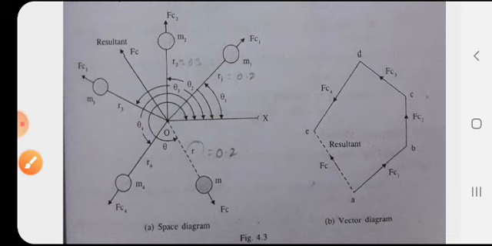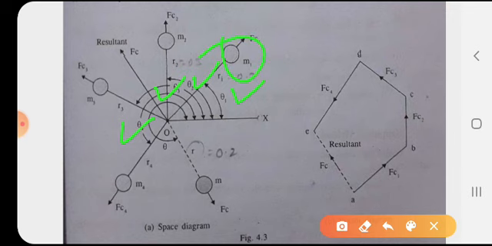Let theta 1, theta 2, theta 3 and theta 4 be the angles of masses m1, m2, m3 and m4 respectively with the horizontal line OX. So this OX is nothing but a horizontal line, right?